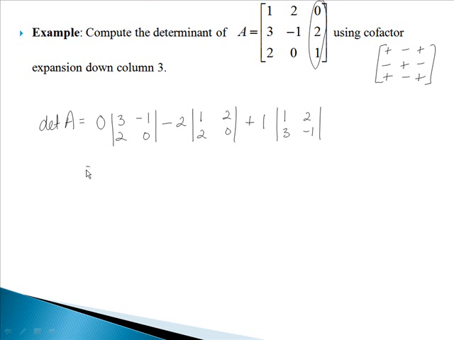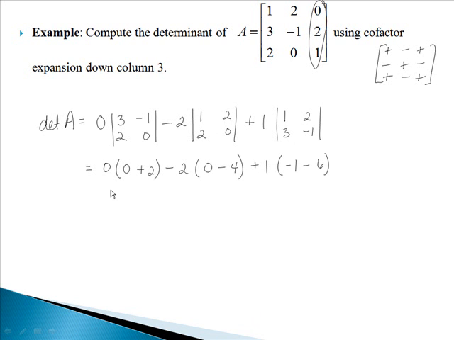So I have here 0 times, I multiply 3 times 0, I get 0 minus a negative 2, which makes it plus 2, minus 2 times, now I have 1 times 0, which is 0, minus 2 times 2, which is 4, plus 1 times negative 1 minus 6.